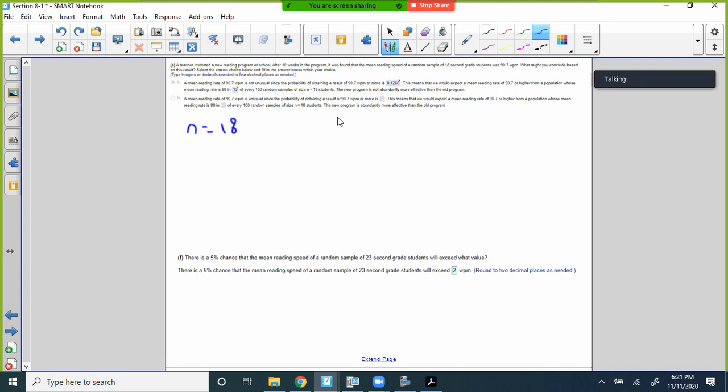Let's see, the mean of x bar is still 88, right? So we need to find the standard deviation of the x bar, and we've got 10 over the square root of 18, and that's going to give us... I'm not sure what that's going to give us because I just left it in there.